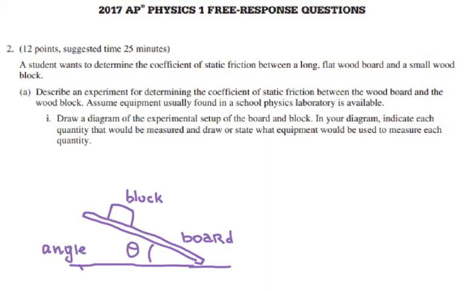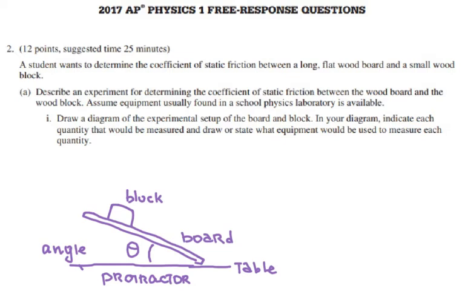Depending on this angle, you will determine when the block starts sliding, and you need a protractor to determine the angle. And you have the floor, the table, or the surface. And so this would be the diagram that they ask you to draw.